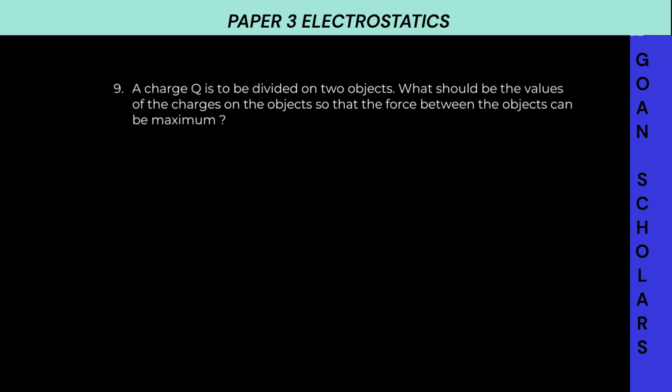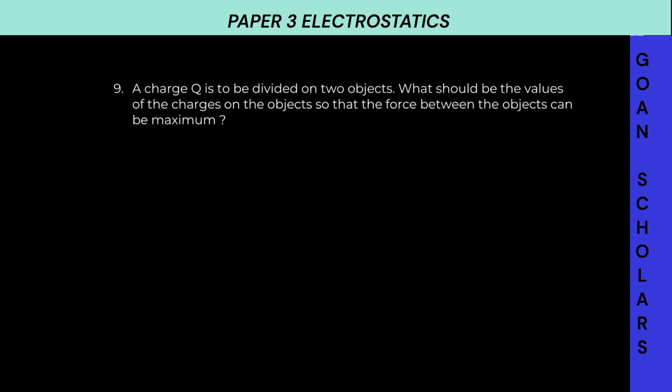Okay, so question 9. It says, a charge Q is to be divided into two objects. What should be the values of the charges on the objects so that the force between the objects is maximum? Now for this particular problem, we will require a basic concept of application of derivatives from maths, right? And if you are a bio student, you have to just remember two things.